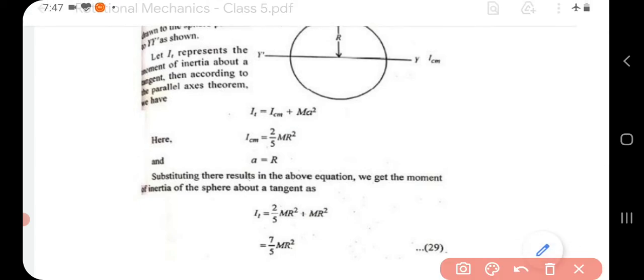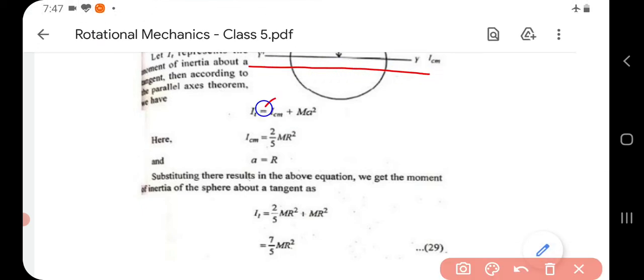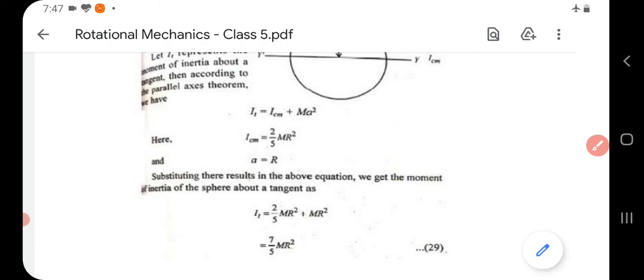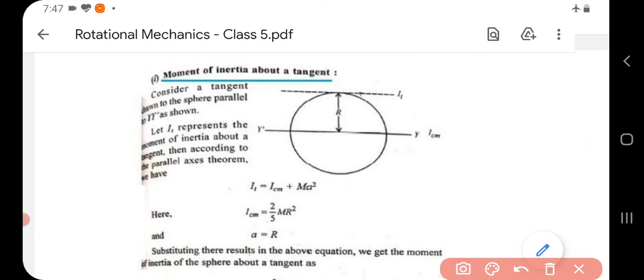But the moment of inertia about the diameter, that is ICM, we have just found its value, 2 by 5 mr square, right? Now here the distance of separation between the two, that is A, is nothing but the distance of separation between this diameter and the tangent. It is equal to r, right? So A is equal to r.